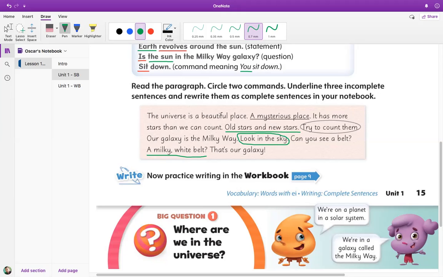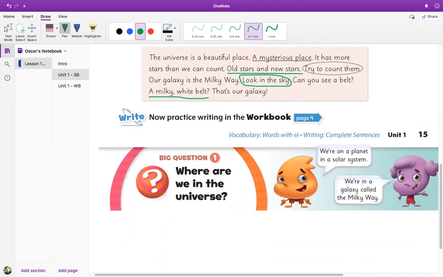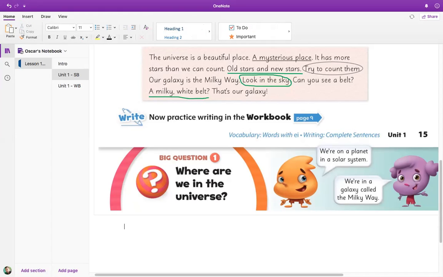So let's begin to rewrite the incomplete sentences as complete. Let's go down. The first incomplete sentence was "a mysterious place." So we are going to rewrite this sentence as complete.